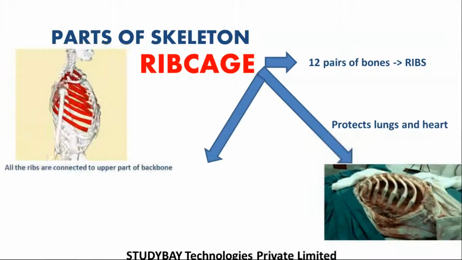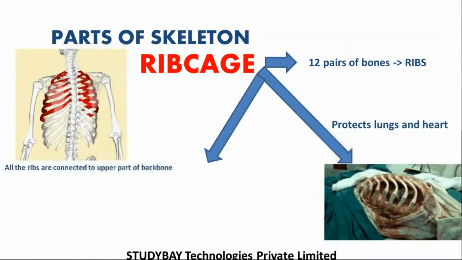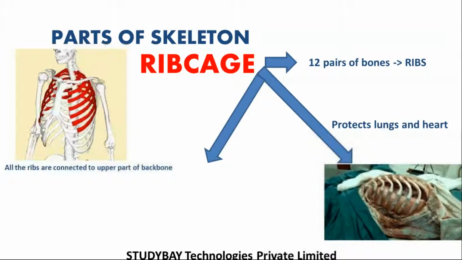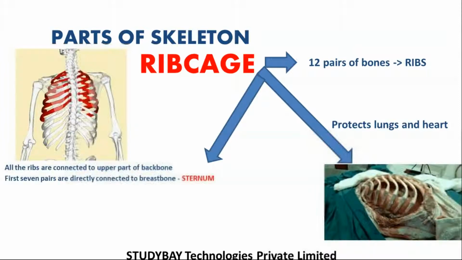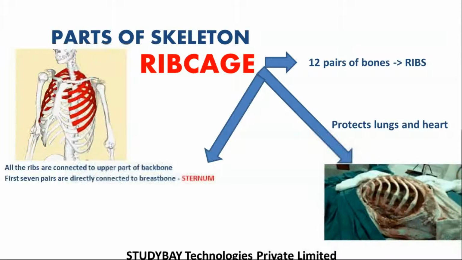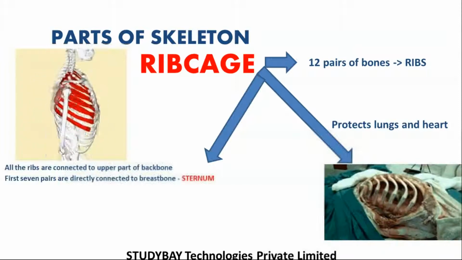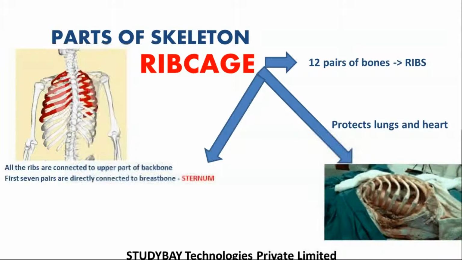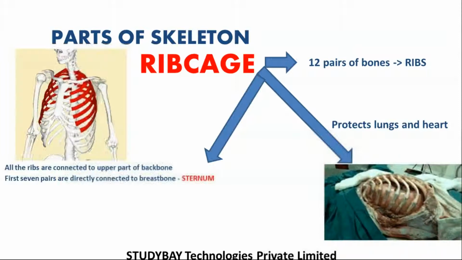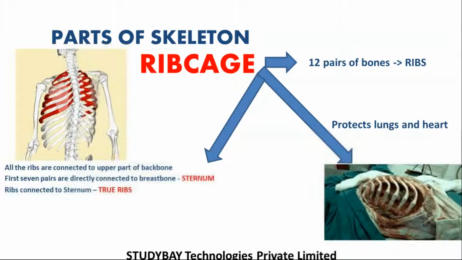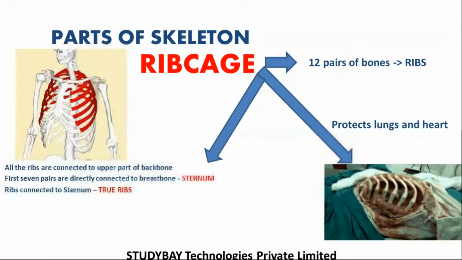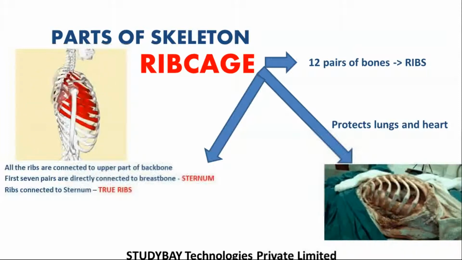So under this rib cage, all the ribs are connected to the upper part of the backbone. The first 7 pairs are directly connected to the breastbone, which is called the sternum. These ribs connected to the sternum are called true ribs.